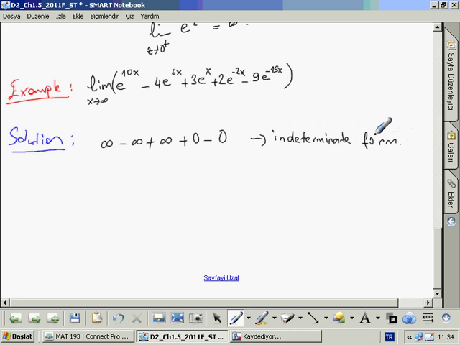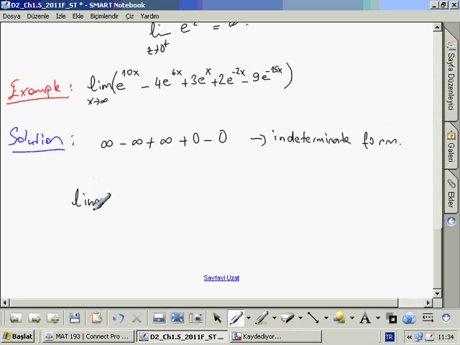So what will we do? We must take e to the power of 10x out as a factor, so we can evaluate the real limit.